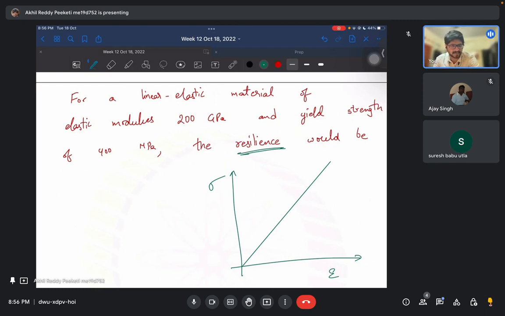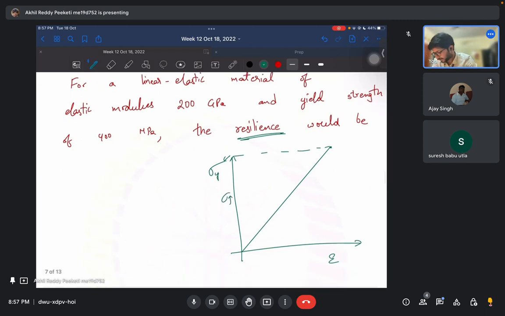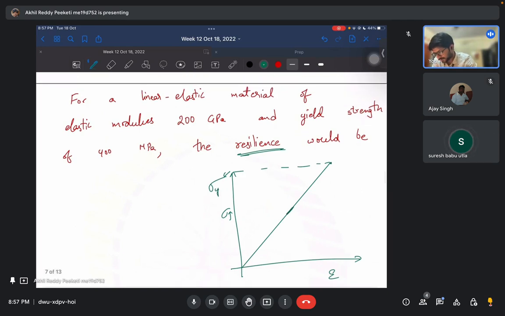It is where plastic deformation starts. The entire thing would be linear elastic, and the point where it starts plastic is the yield strength, sigma y. The elastic modulus is given, so the slope is given.